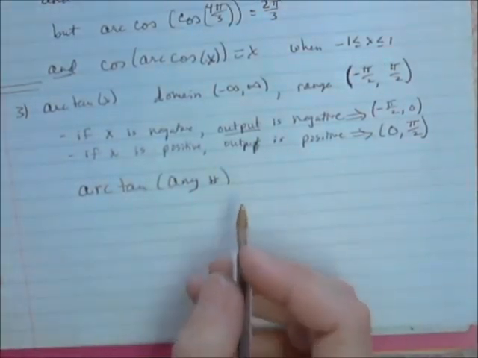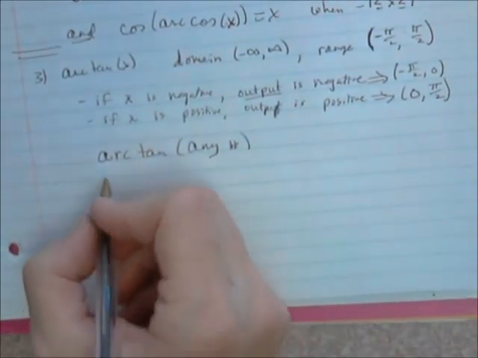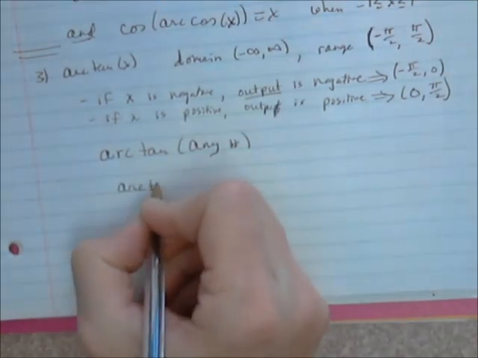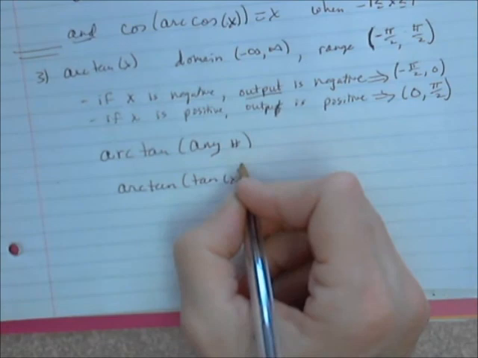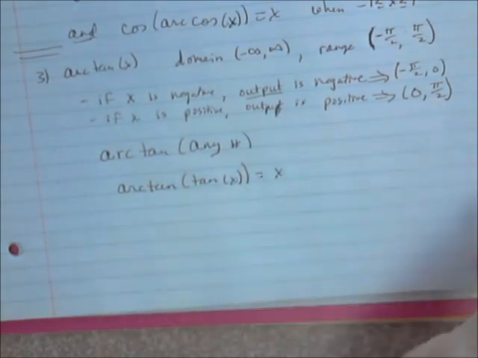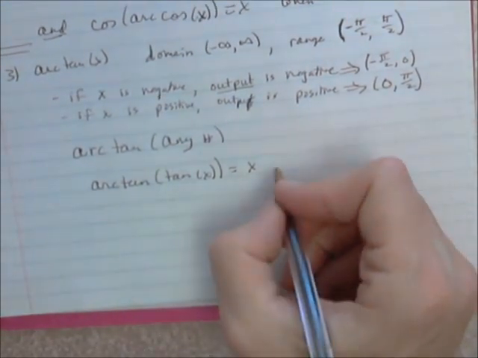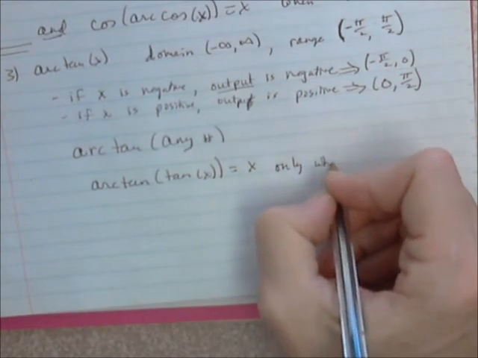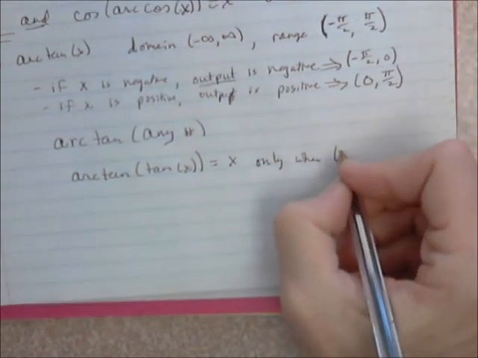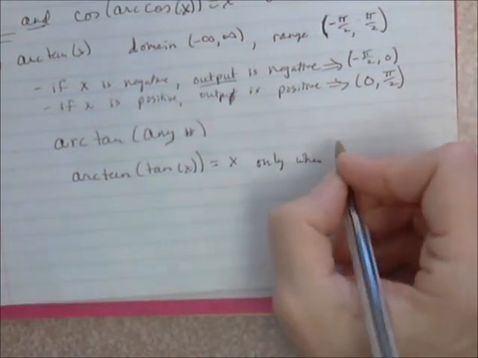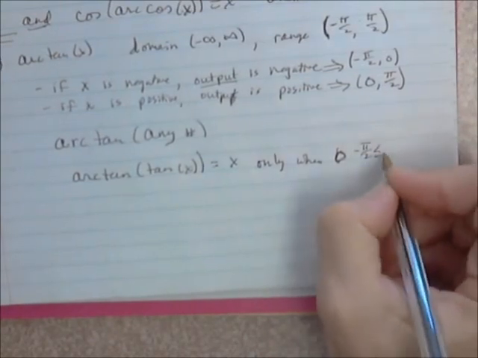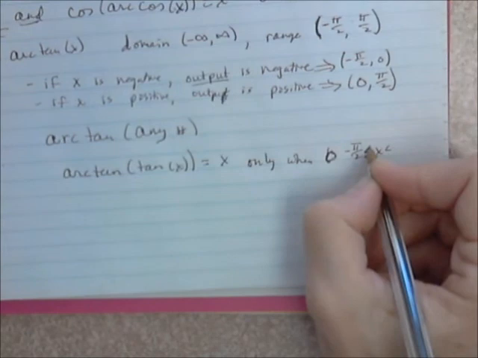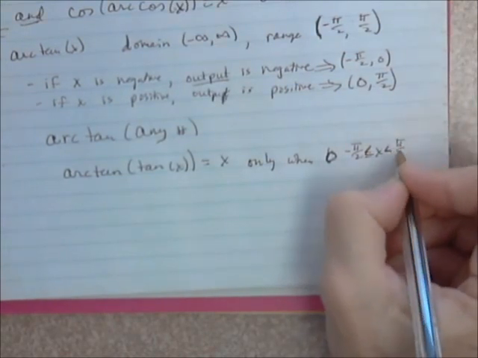All right, so let's do some composition now. We'll talk about the arc tangent of the tangent of x. That's always equal to x, but only when x is between -pi over 2 and pi over 2, with x strictly less than pi over 2.